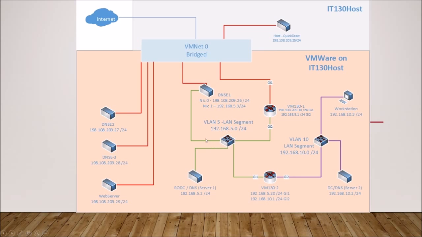So if I added a client here, it's going to send out a broadcast, and it's going to hit the router on the Gigabit Ethernet 1 side. Because we have that command applied to Gigabit Ethernet 1, it's going to automatically carry that DHCP request over the router and therefore into 192.168.10.2, which is our DHCP server.